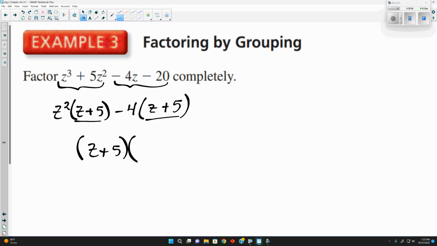If I factor z plus 5 out of this first term, what I'm left with is z squared, and if I factor it out of the second set, I'm left with negative 4. So interestingly enough, this will factor to z plus 5 times z squared minus 4. And that's it.